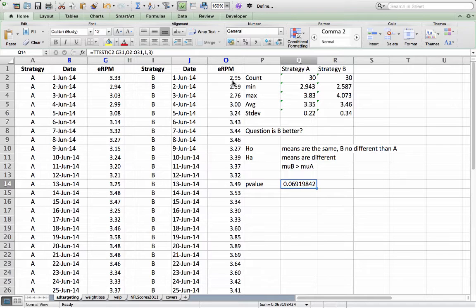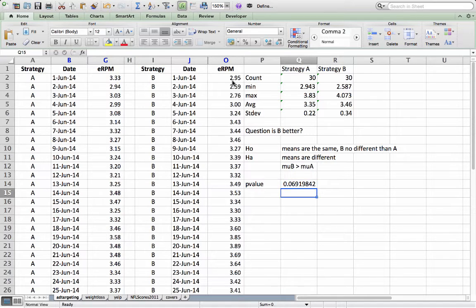But one of the things that we have here is we have two samples of equal size, so that opens the door for a paired sample. And then, because we have the observations on each day, right, we have June 1st data for both strategies, if we could argue that ad performance on June 1st is different than ad performance on June 2nd, we're really concerned about how they performed on each day versus on average across all the days, right?